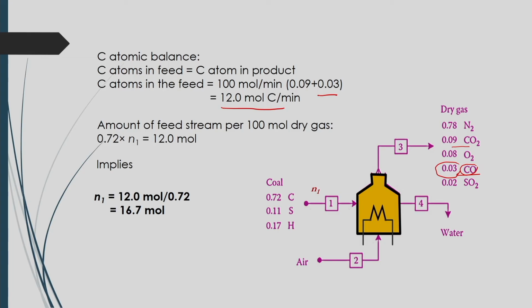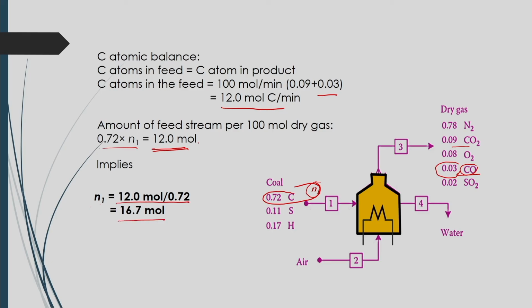Now, this carbon, of course, will come from the feed stream. So what should be the feed stream flow rate that you have to calculate? Say this feed stream flow rate is N1. So we can simply write the carbon balance: N1 into 0.72 will be equal to the carbon in the dry gas, so it will be simply 12.0 mole per minute, which implies that N1 will be equal to this.